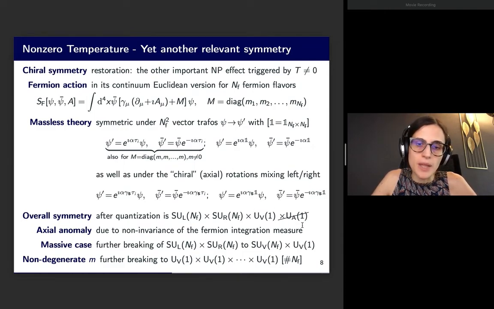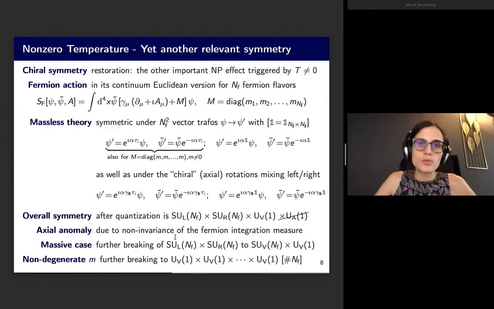However, there is one piece of the overall symmetry which is broken at the level of quantizing the theory, which is the U(1) axial symmetry. And this is due to the anomaly which you maybe have heard about already. So the axial anomaly, due to the non-invariance of the fermion integration measure, is already restricting the symmetry group to a smaller group.